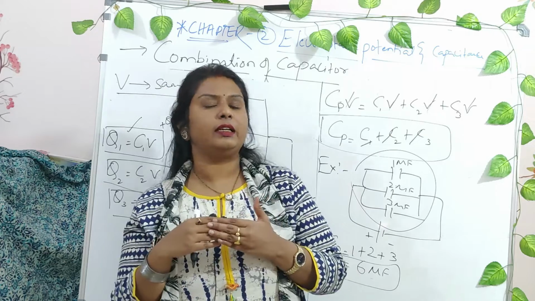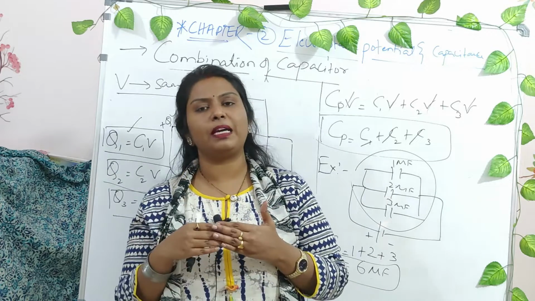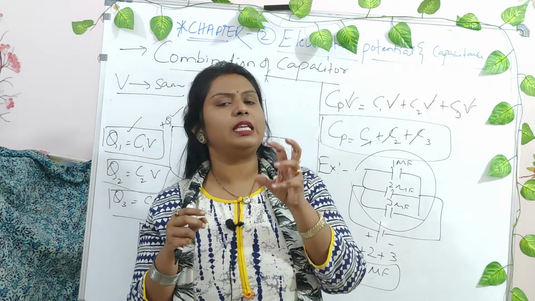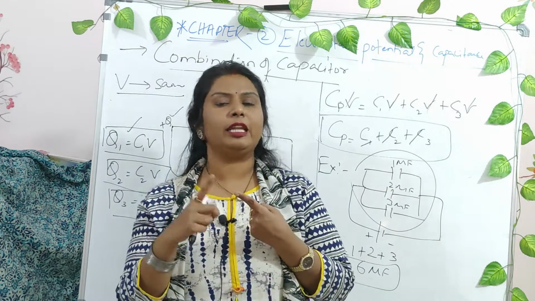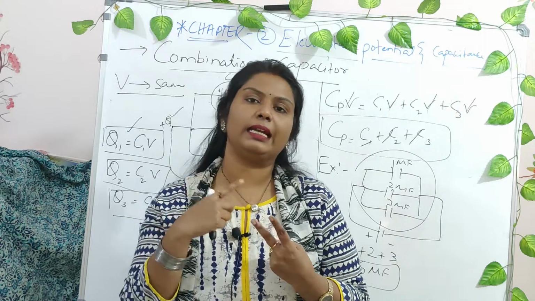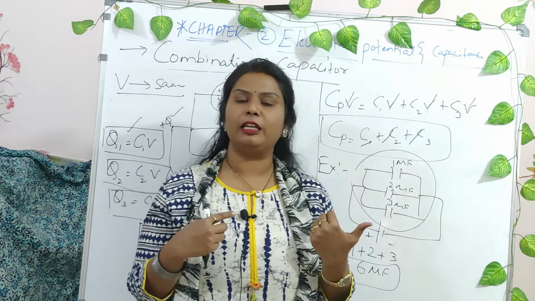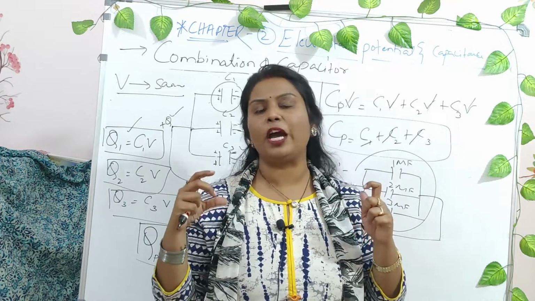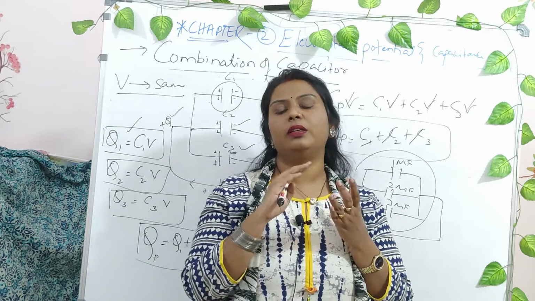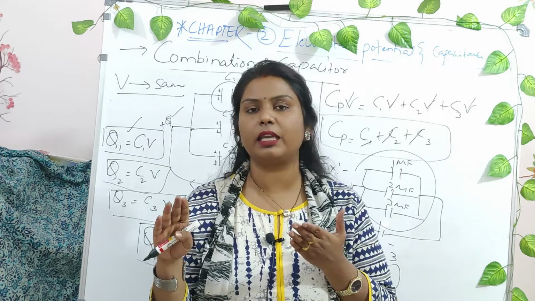After seeing the explanation about the capacitor, now these capacitors can be connected in two different combinations. One, it can be connected in series combination, and the other in parallel combination, right? When you connect the capacitors in series, you have seen that the charge remains the same throughout the capacitors, right?